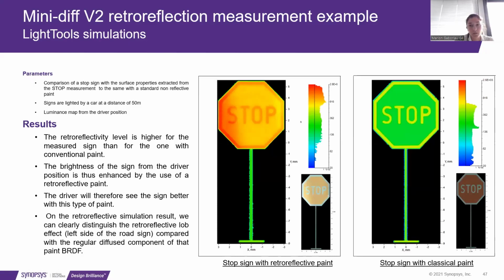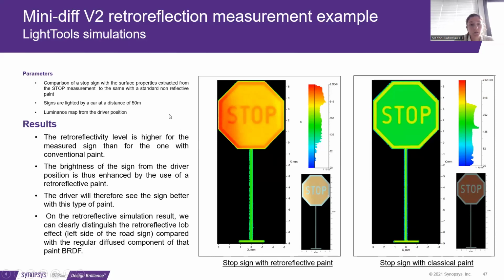Here are the results. So you have here the stop sign with the retroreflective paint, and here the stop sign with a classical paint. Here you have the luminance map and the representation in color.